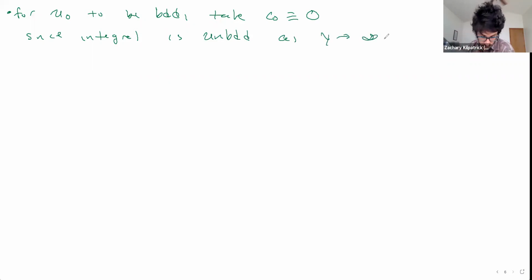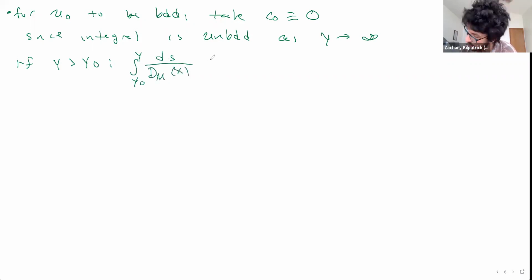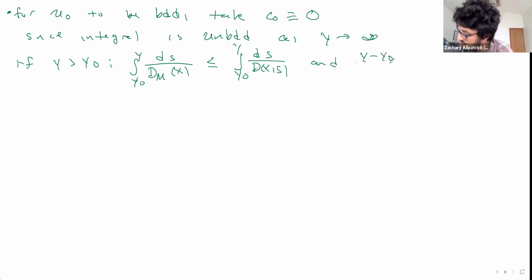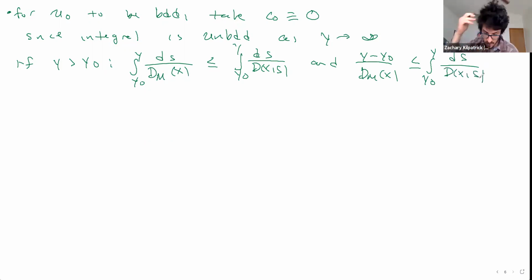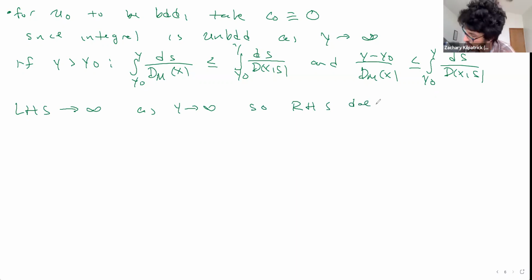That is, if y is greater than y0, then d little m of x puts a lower bound on this integral: (y minus y0) over d big M of x is less than or equal to the integral from y0 up to y of ds over d(x,s). So the left-hand side goes to infinity as y goes to infinity, and the right-hand side does too.